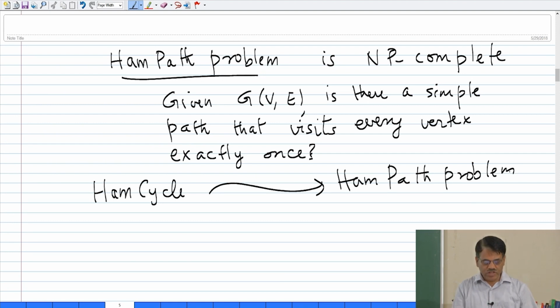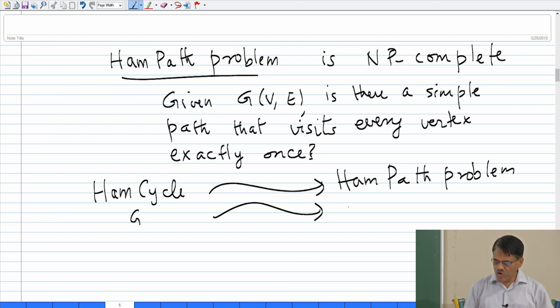So suppose one reduction, maybe I know you're jumping ahead. This is what you probably meant, that what is the problem here? Given a graph, is there a Hamiltonian cycle? And your reduction is, maybe give the same graph, right? Suppose I do this reduction, then what do I need to show? If G has a Hamiltonian cycle, G has a Hamiltonian path, and if G has a Hamiltonian path, G has a Hamiltonian cycle.